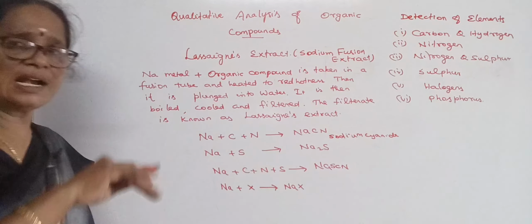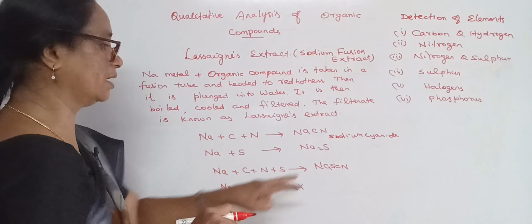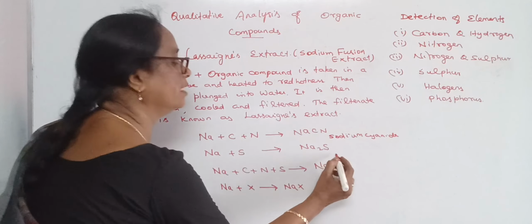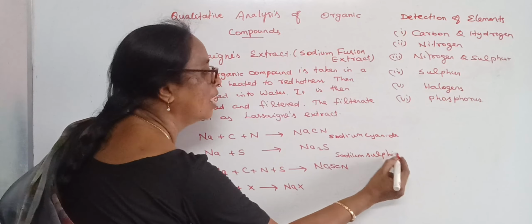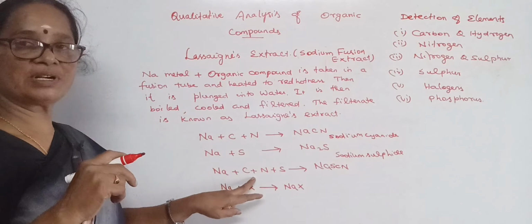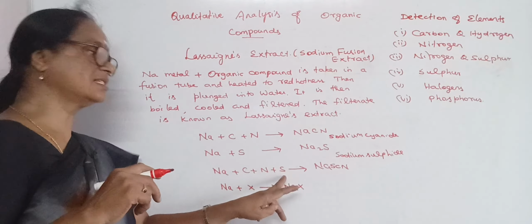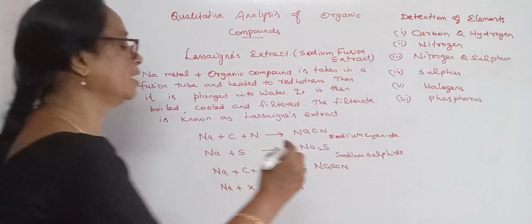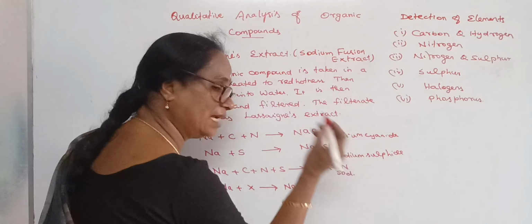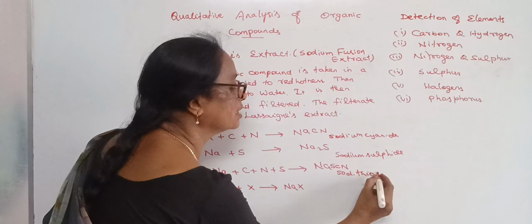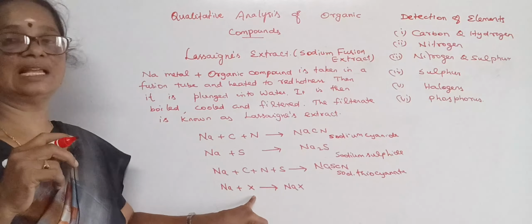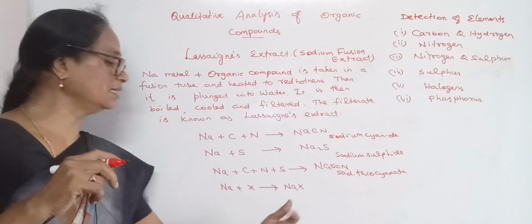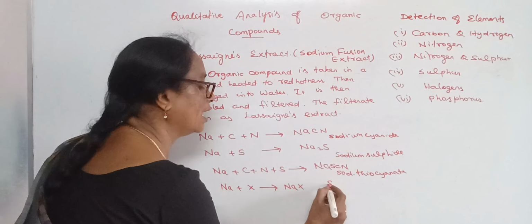Or if the organic compound contains only sulphur, then the extract will contain sodium sulphide. Or if the organic compound contains carbon, nitrogen and sulphur, then the extract will contain sodium thiocyanate. Or if the compound contains only halogen, then the extract will contain sodium halide.